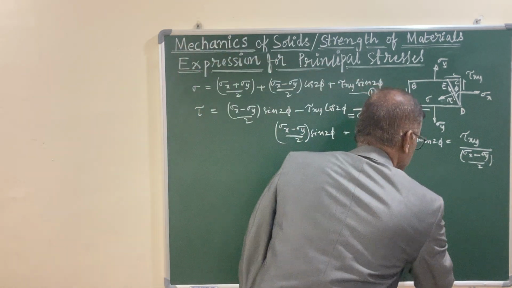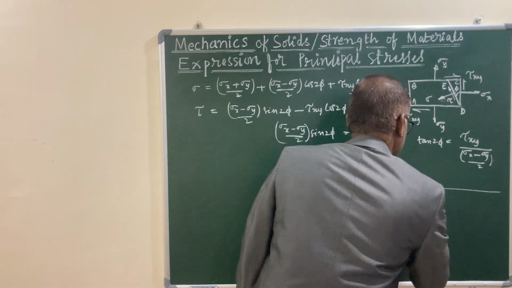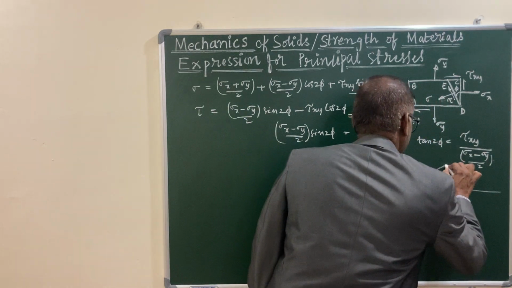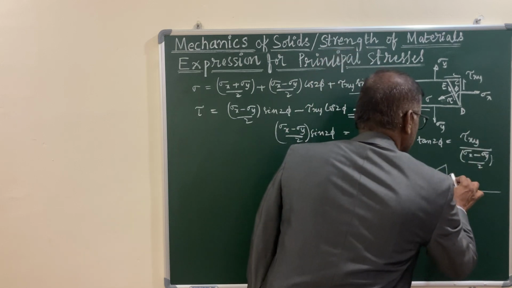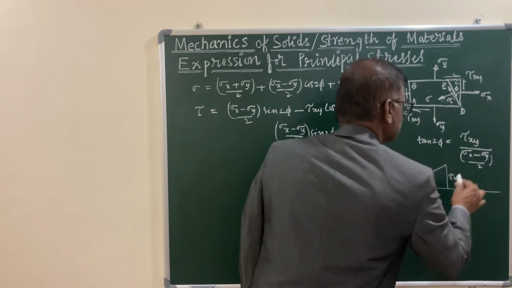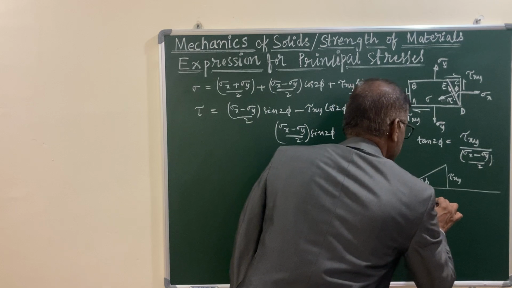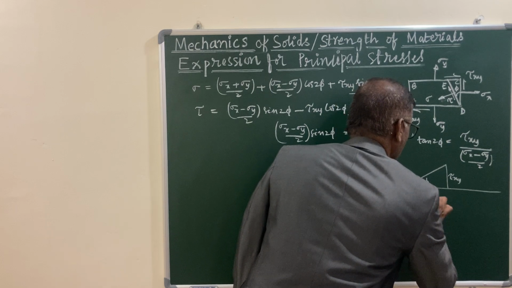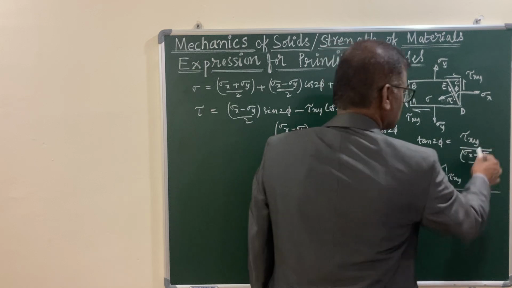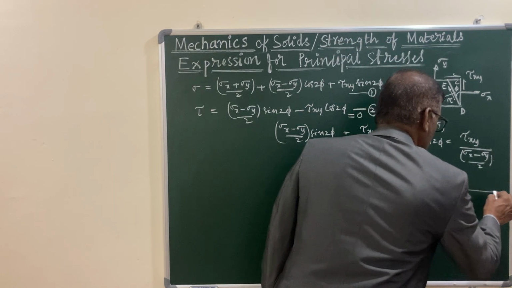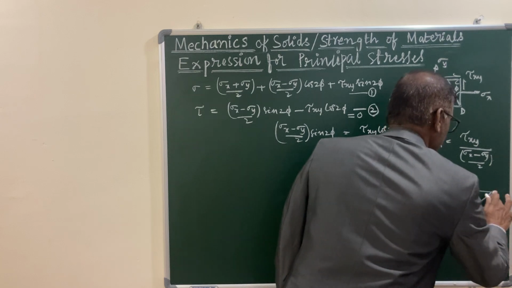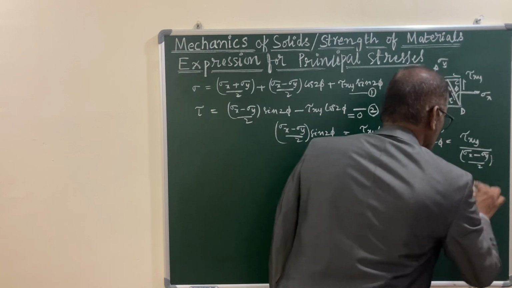Now, let us take this angle as 2 phi, and opposite is tau xy, and adjacent is sigma x minus sigma y by 2. This is applicable if you take both the negative values also. Let us take both the negative values, and this angle, let us treat that it is 2 phi.